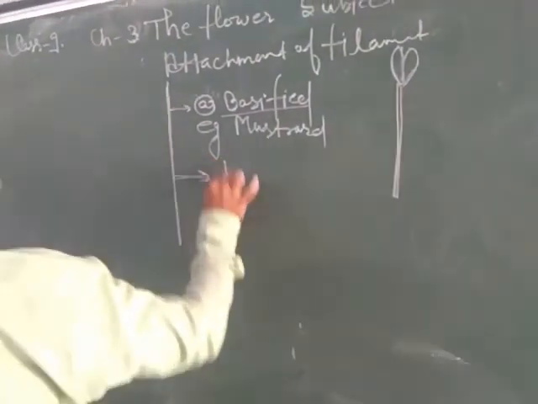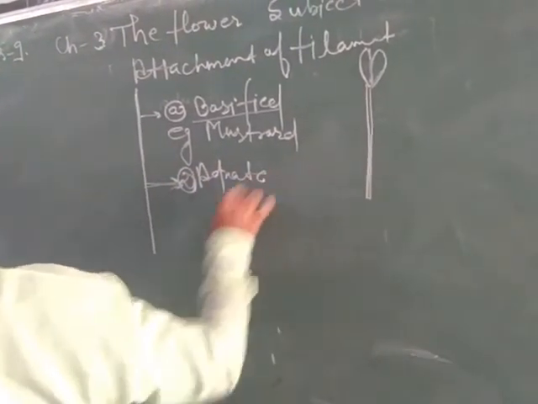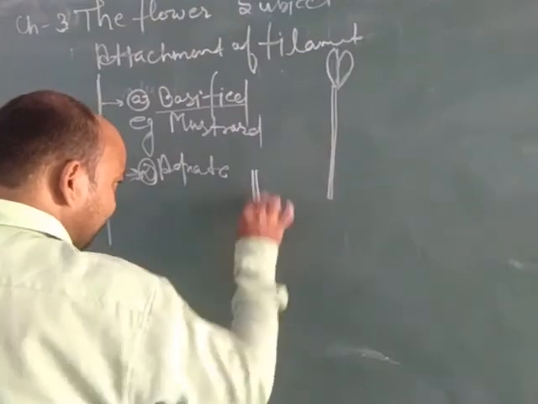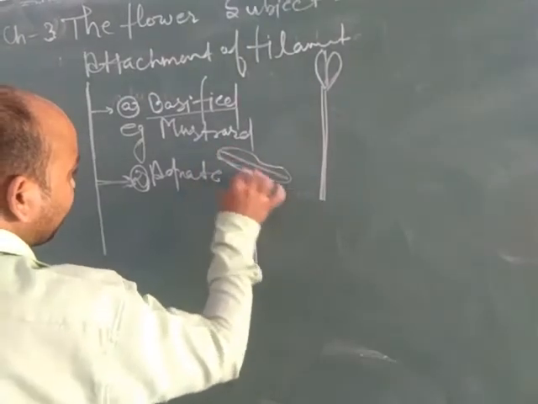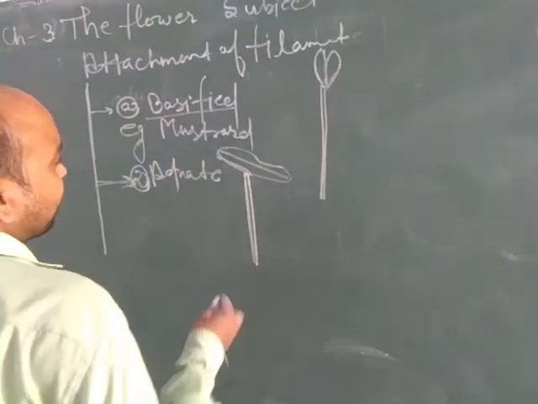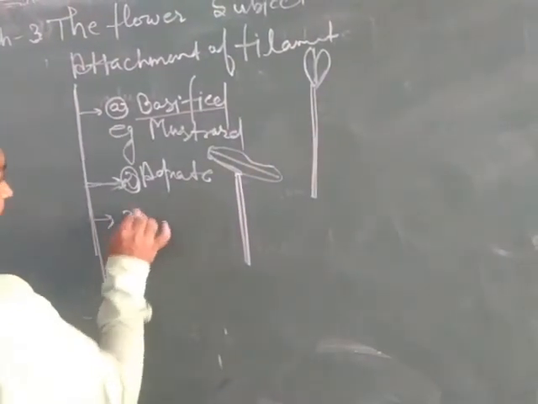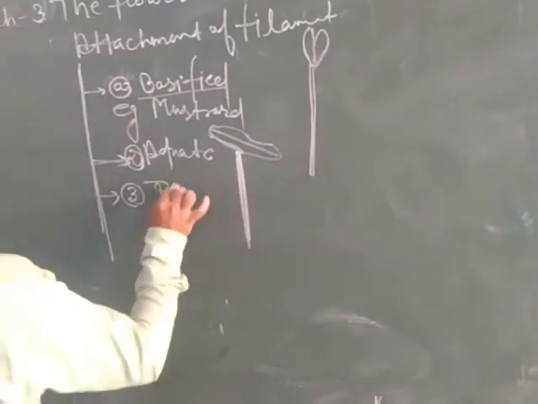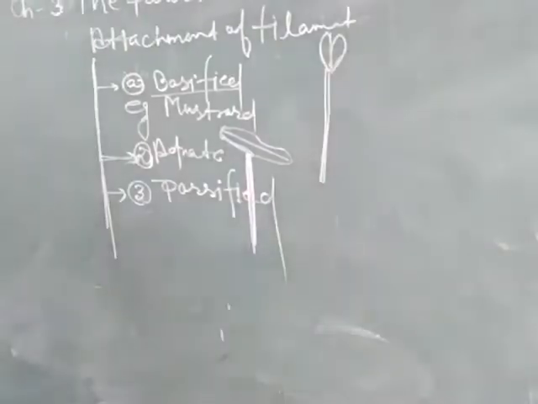Now the second point is adnate. The second type of attachment is adnate, meaning the anther lies along the filament, both attached at their back side, attached with the base of the filament. Now the third is the dorsifixed type of attachment.